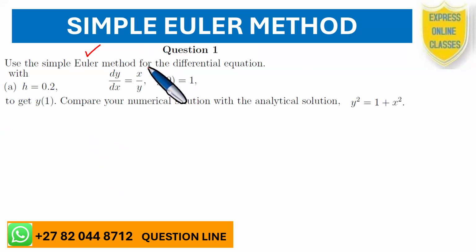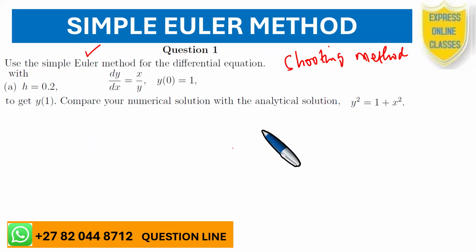We have used the simple Euler when doing the shooting method, which applies the simple Euler, and therefore this simple Euler is so significant that pretty much every exam question will have this simple Euler method, for example: use the simple Euler for the differential equation with h equals 0.2.